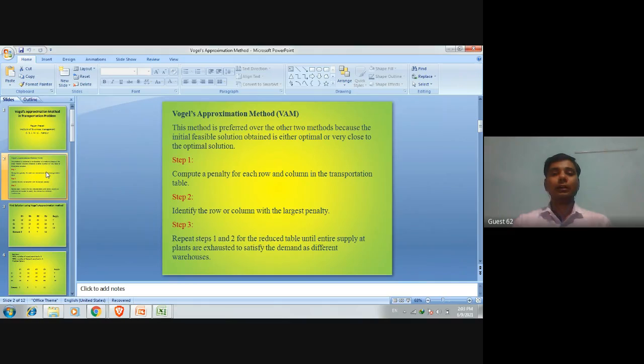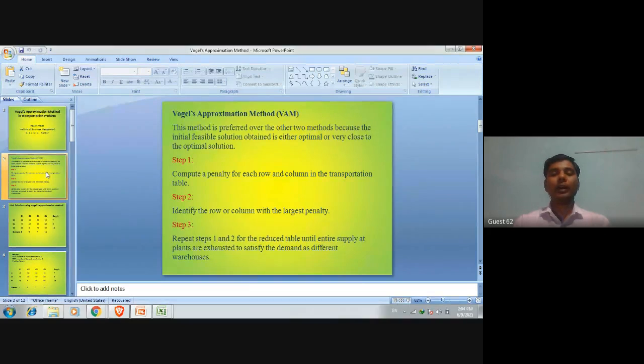The initial basic feasible solution obtained by the VAM method is either optimal or very close to optimal.